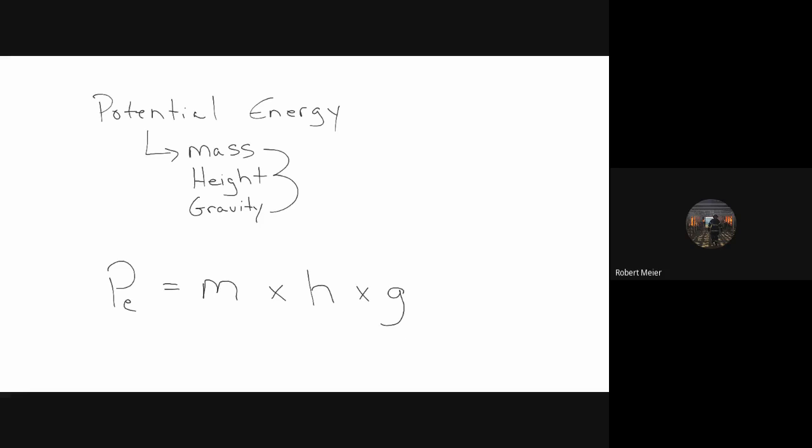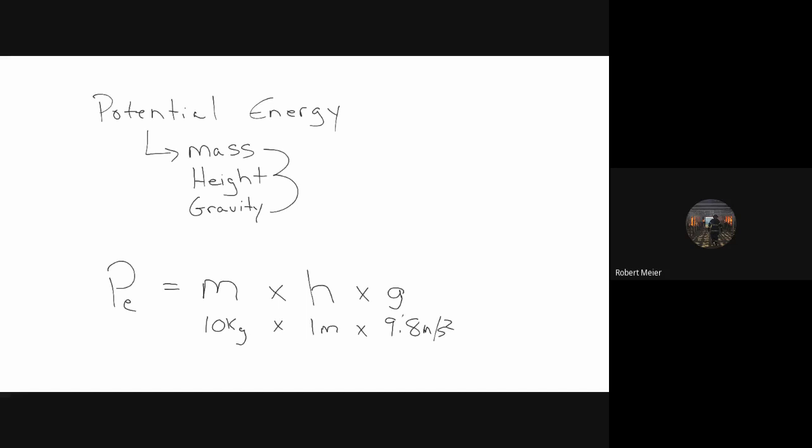Well, I weigh 10 kilograms and I am 1 meter tall. And, oh gee, what is gravity? Well, gravity is a constant. Gravity is always 9.8 meters per second squared.